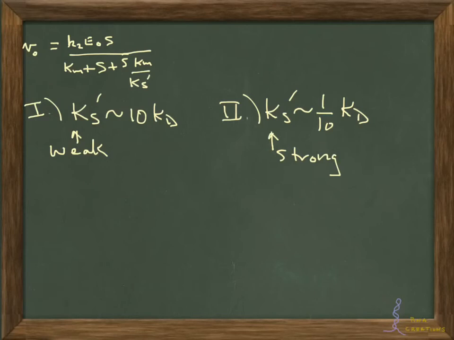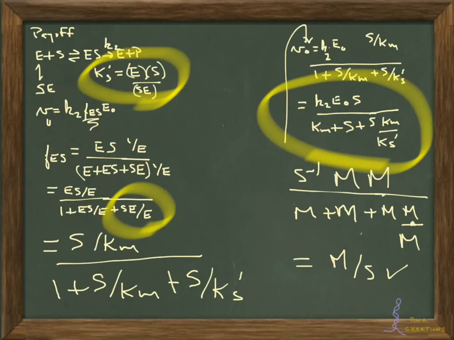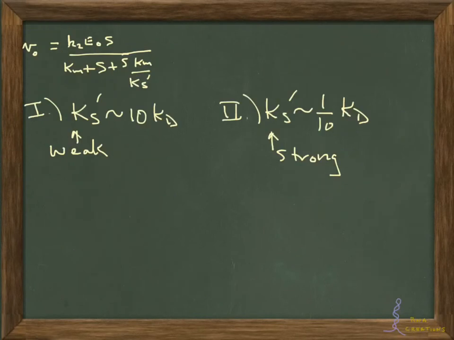No math. What do you guys expect to see? Go back to the picture. This is Ks prime right there. If Ks prime is really weak, do you expect it to have much effect? No. Okay, so this is the other gut check, to do these sorts of simulations and see if that works out.